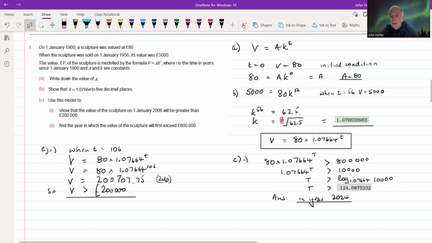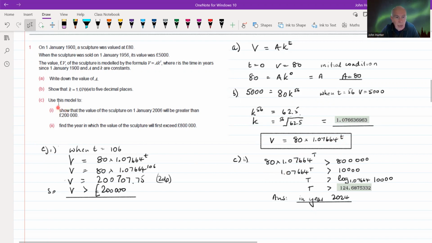And then if we take the 56th root of 62.5, your calculator will handle that quite happily. That's going to give us a K of 1.076, etc. And therefore, we now know that our fully resolved equation is V equals 80 times 1.07664 to the power of T.